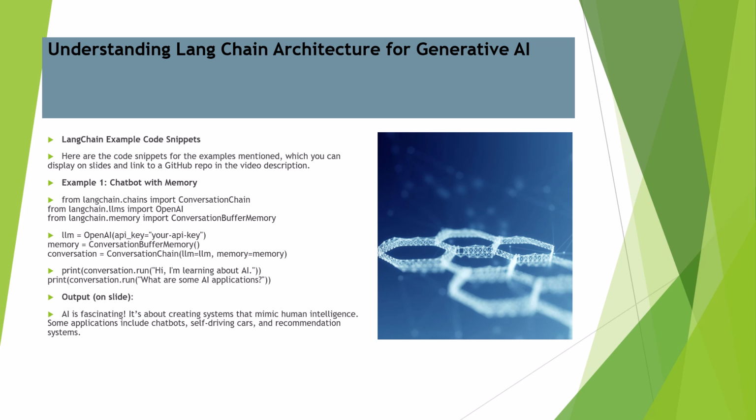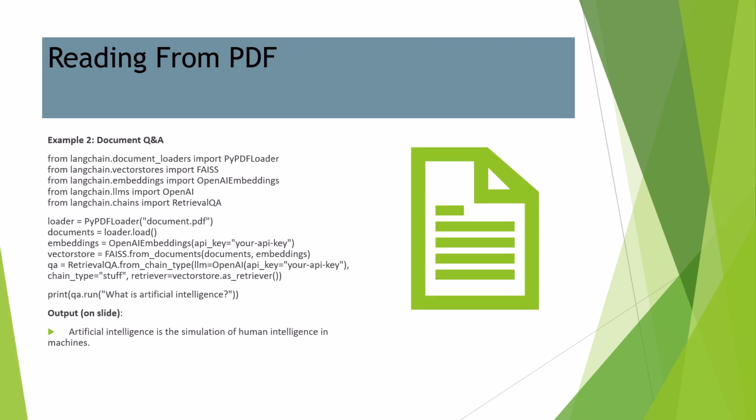And the next example I've given is a very important example, a PDF. Nowadays people are struggling: if there's a 10-page PDF and you want to create some questions from the PDF, what you have to do is very simple. You can see my five lines of code.